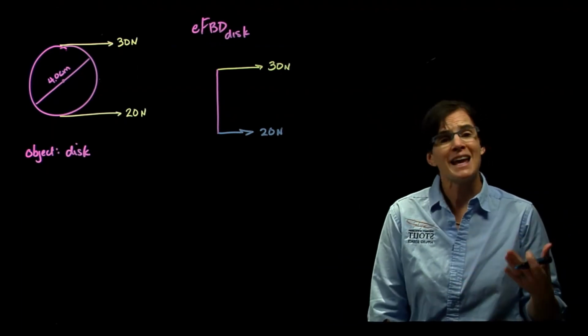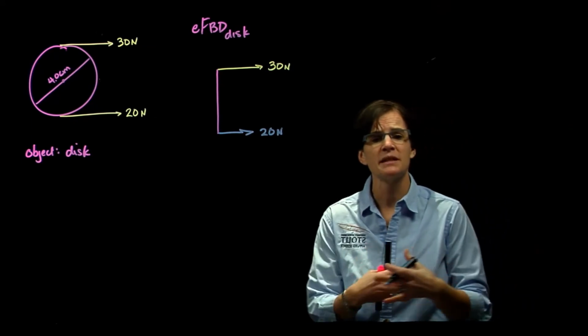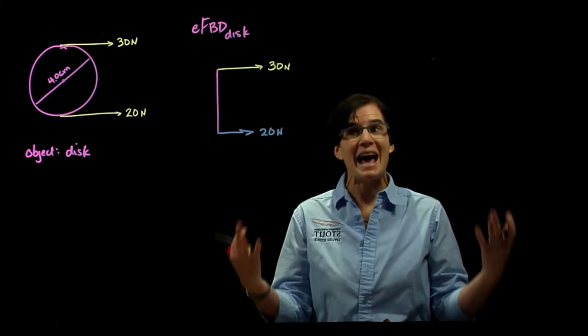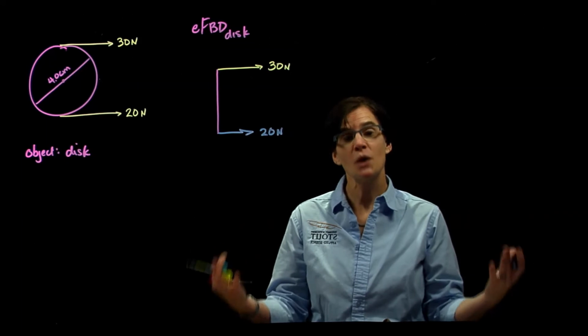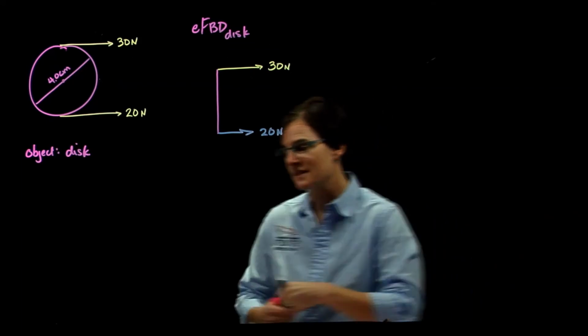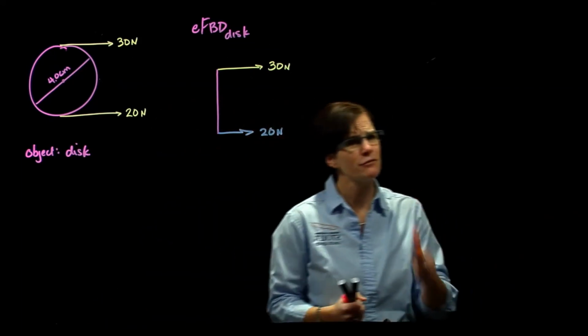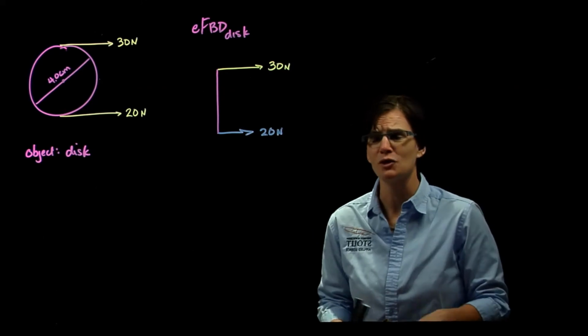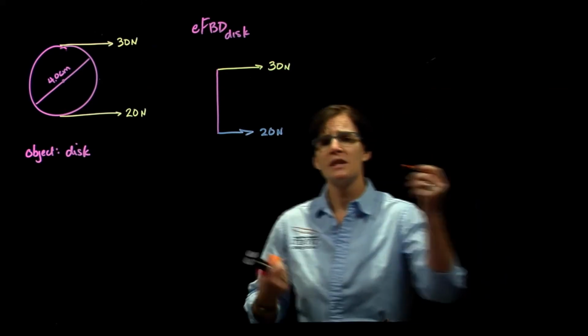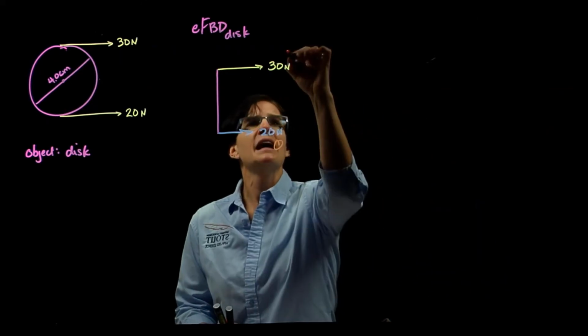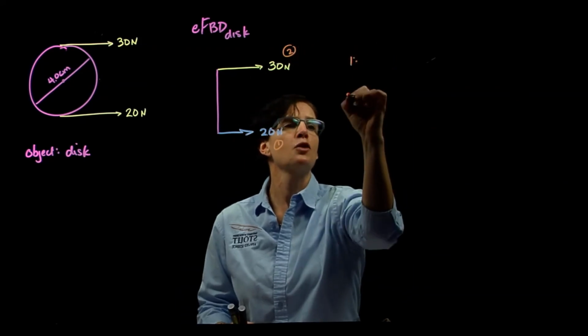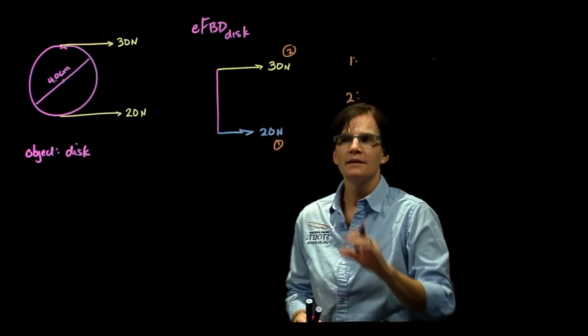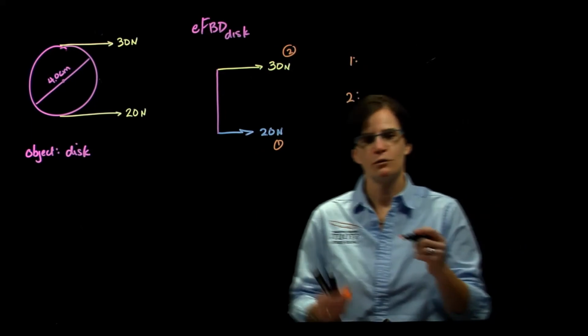Now, the net torque, just like the net force, is simply the sum of all of the torques acting on the object. Every force has the potential to exert a torque. So we're going to number our forces and then determine the torque acting on the object by each one of those forces.